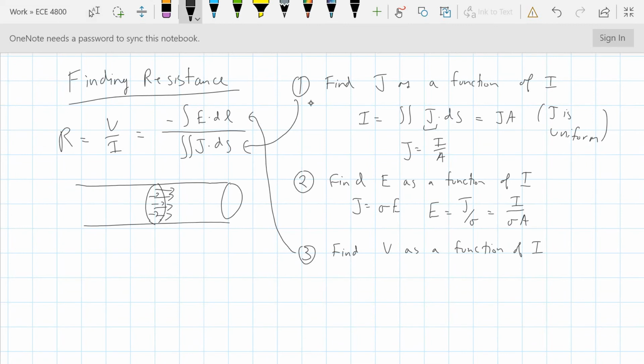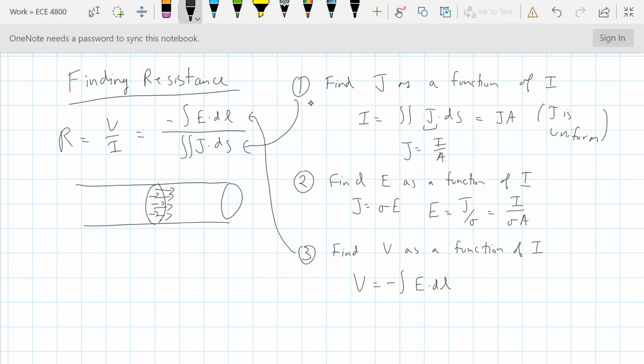All right. Now V is going to be the negative integral of E dot dl. So we go from the low potential to the high potential.